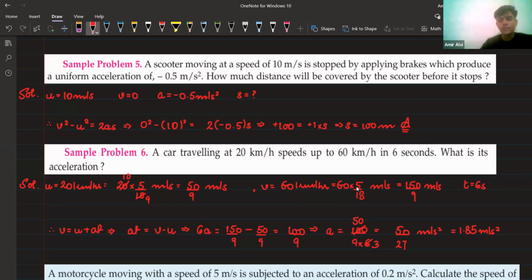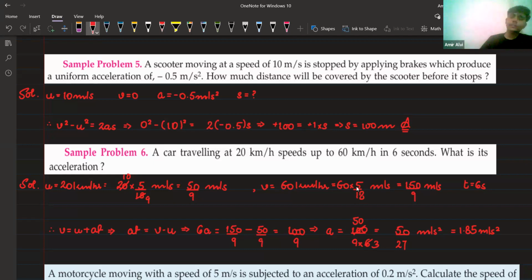Yes, Naisha. Is it 50 divided by 3 meter per second?